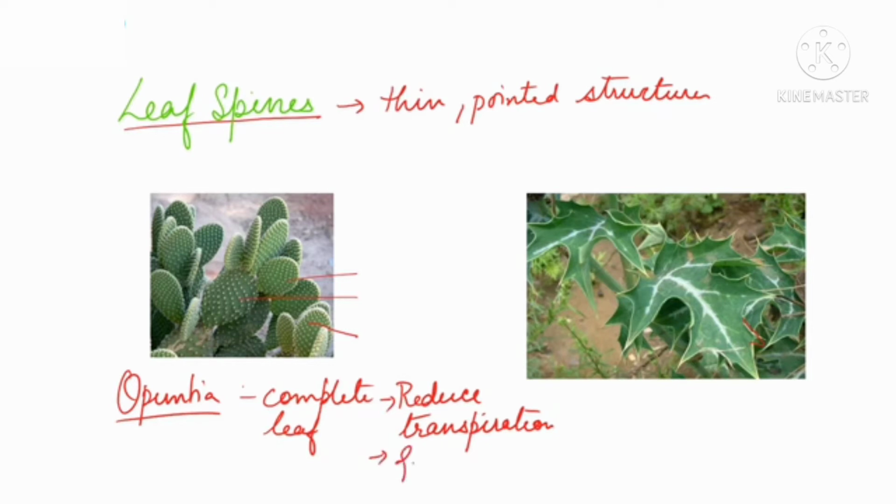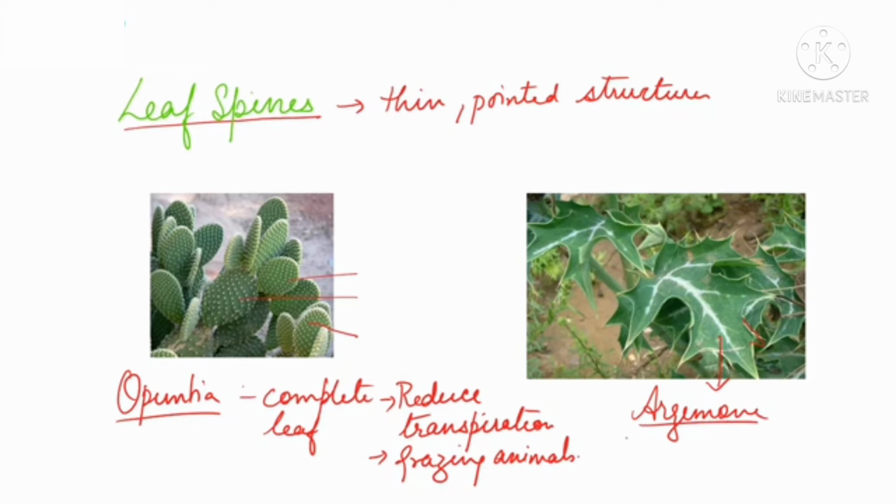Give me some examples of leaf spines. Correct: cactus, Opuntia, Berberis, aloe. These are some examples of leaf spines.